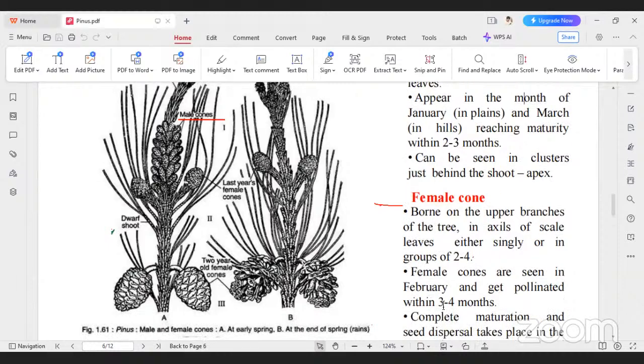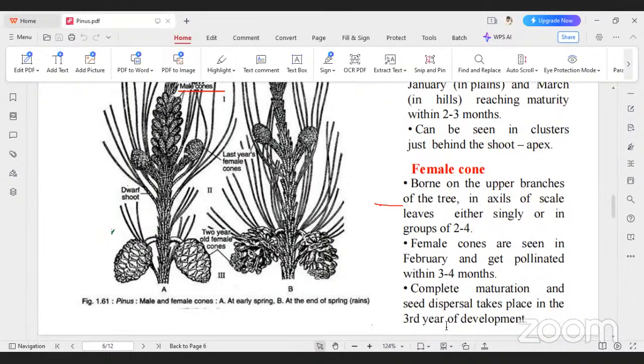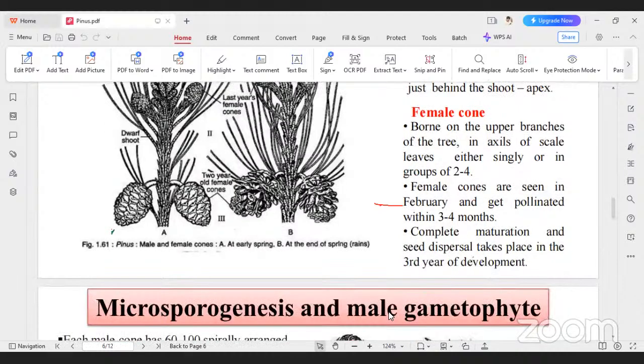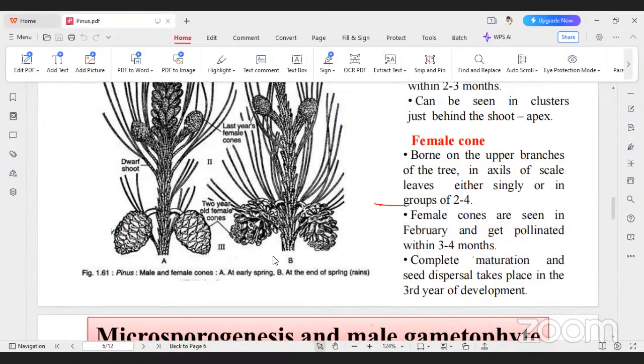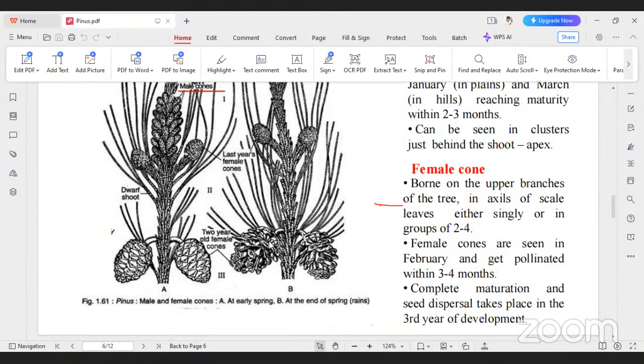Male cones are seen in the month of February and get pollinated in three to four months. The complete maturation and seed dispersal takes place in the third year of the plant. Remember, compared with the male cone, the female cone is large in size.